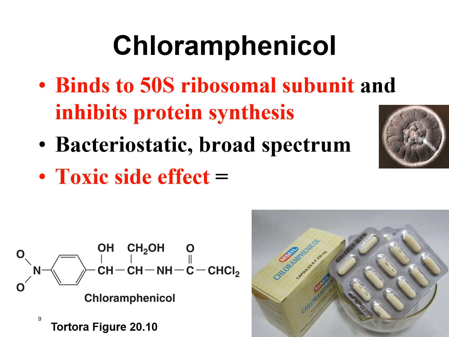And that's because it has a really nasty, bad side effect. The side effect is pretty rare, but you just never know who it's going to happen to. And if it does happen, it's really bad. So the toxic side effect that can happen with chloramphenicol is aplastic anemia.